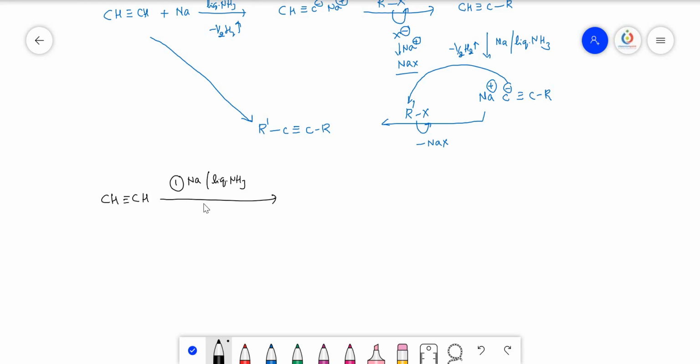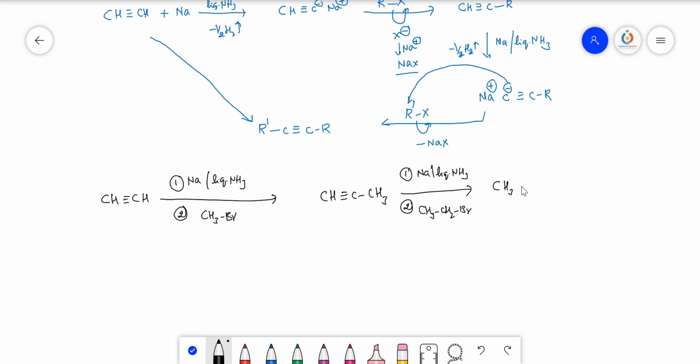So we get this particular step, and second I am writing CH3Br, the alkyl halide. This particular carbon will attack this methyl group and remove the bromine. So we get CH triple bond C CH3. And next one, in the first step again we use sodium, liquid ammonia, and second we use CH3CH2Br, ethyl bromide. Now this side you will get the ethyl group.